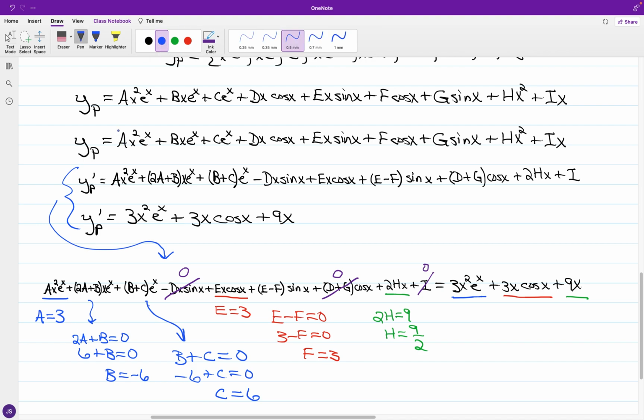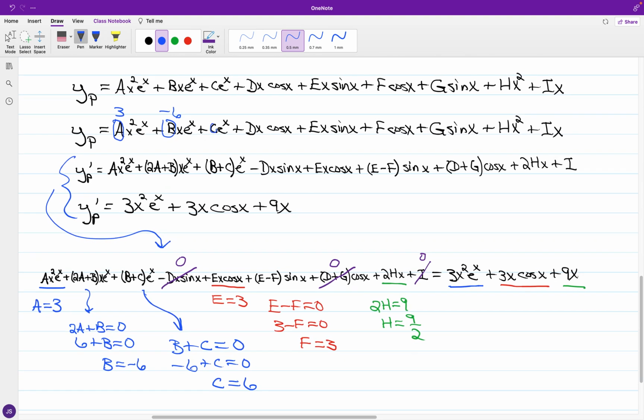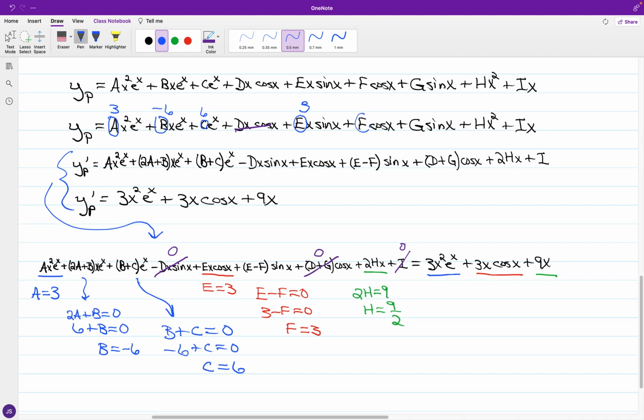Again, for y sub p, a is 3, b is negative 6, c is positive 6, d is negligible, e we have at 3, f also at 3, g is negligible, h we have at 9/2, and i was already negligible.